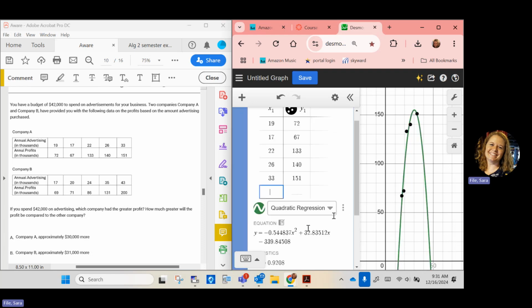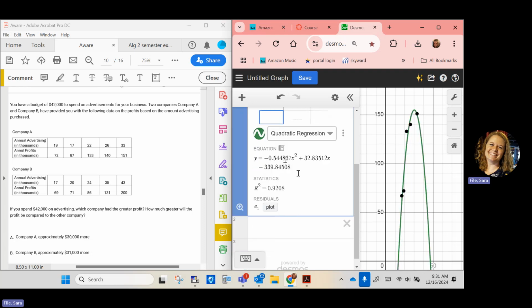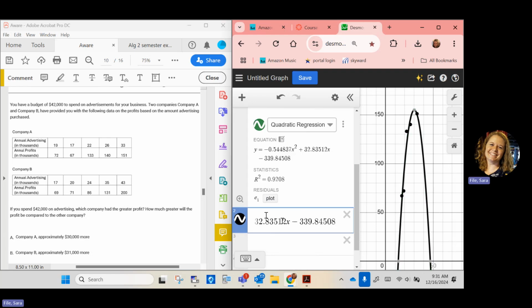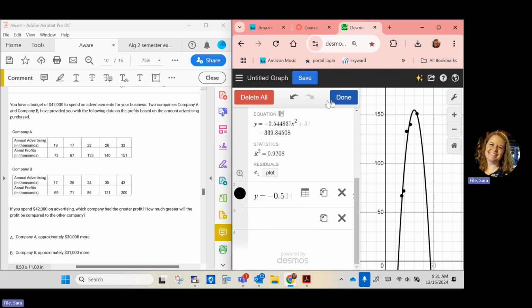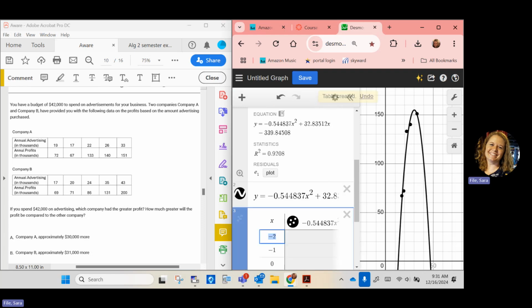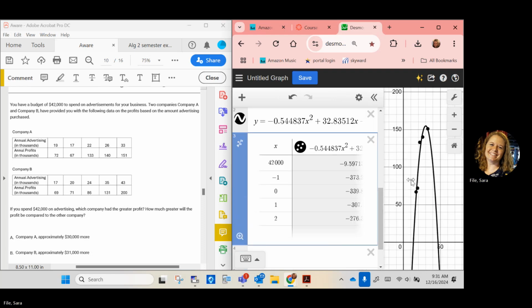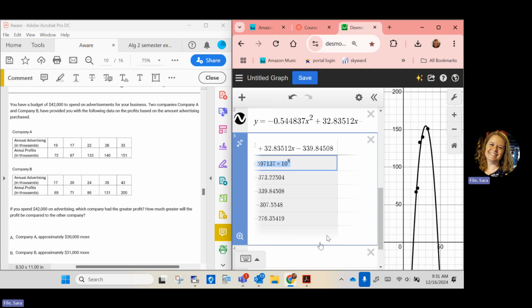Or, when you have your equation, I could type in the equation again, and instead of plugging in the number, I could add a table for that equation and then just type in 42,000. Now it's giving it to me in scientific notation, so that's not really that pretty, so you may not prefer that.